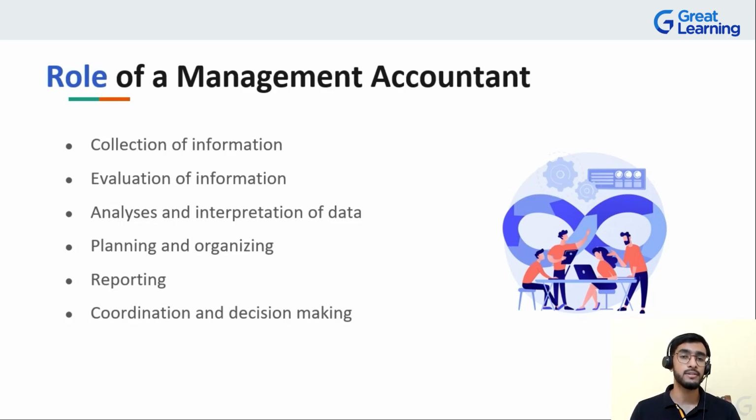So reporting is a very important role for a management accountant, and he has to do it as perfectly as possible. Now coming to the last point, coordination and decision making. A management accountant helps the management in coordination with the enterprise by preparing the budget, forecasting the future plan, and helping the management in taking future decisions.